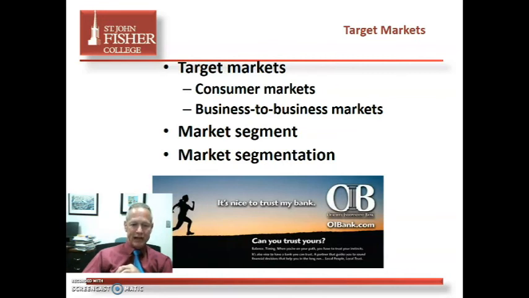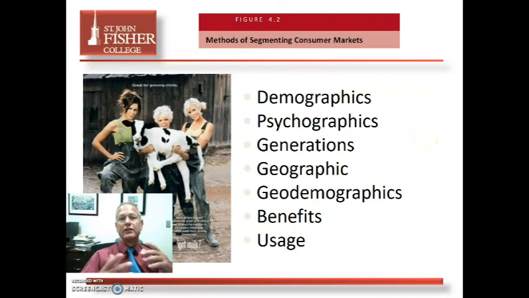The next few slides are all about market segments and market segmentation, starting with the methods of segmenting a consumer market. There are 6. I know it says 7, but there are 6 methods of segmenting a consumer target market.